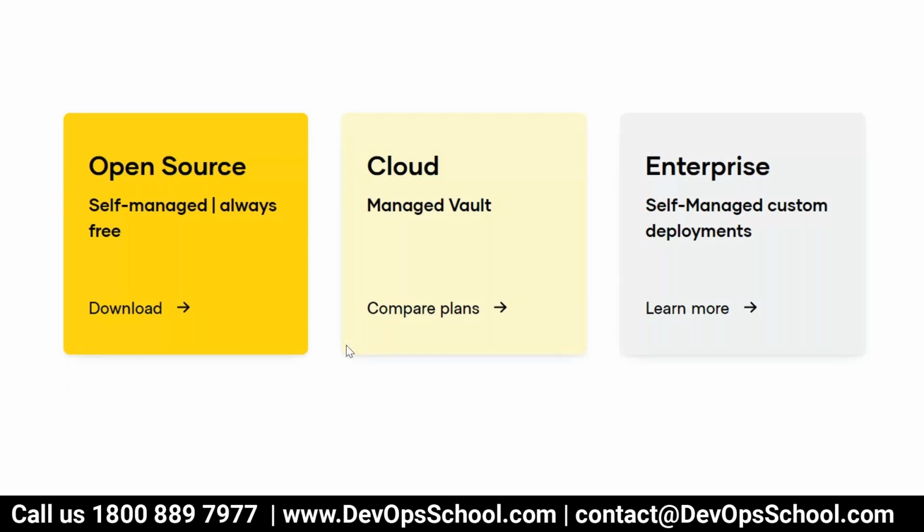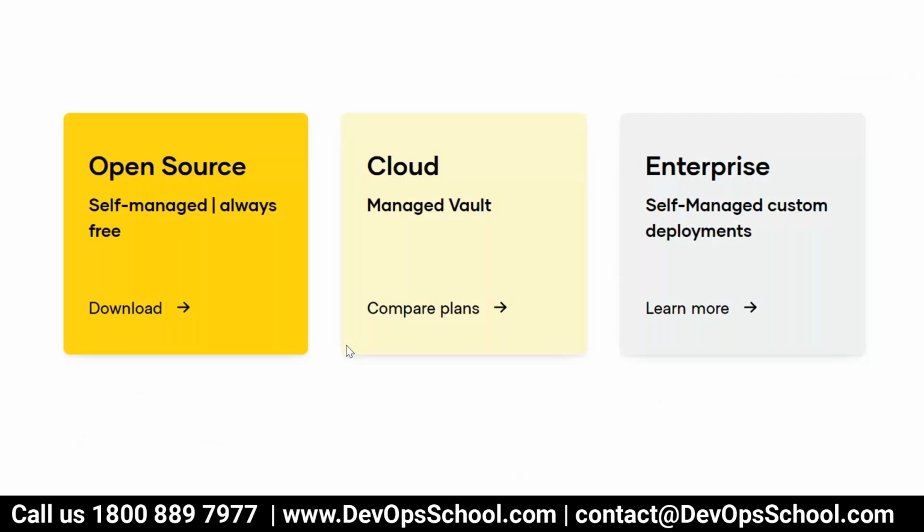Vault has two offerings. One is open source and one is enterprise. Open source you can install in your machine. Enterprise also you can install in your machine, but it has multiple features, like the web UI.